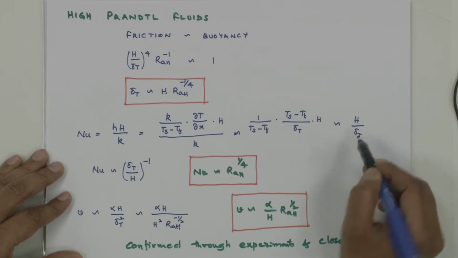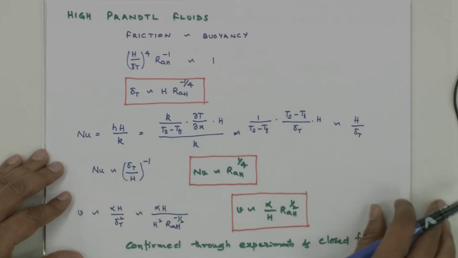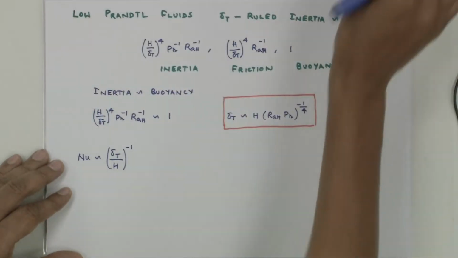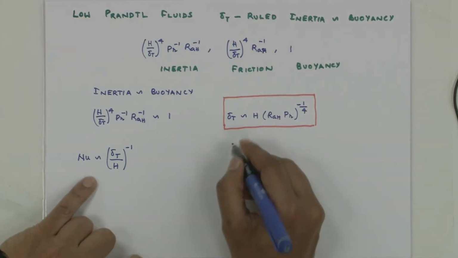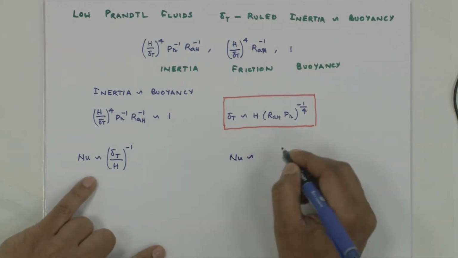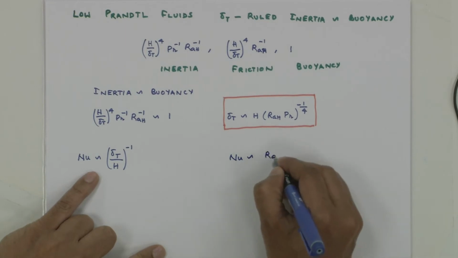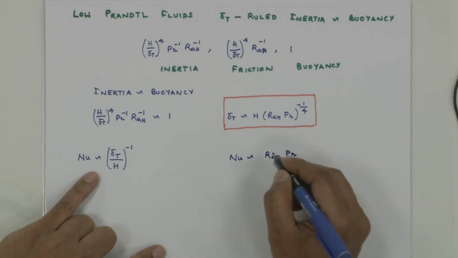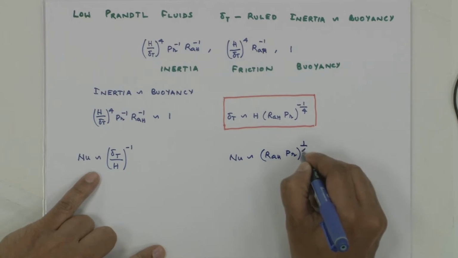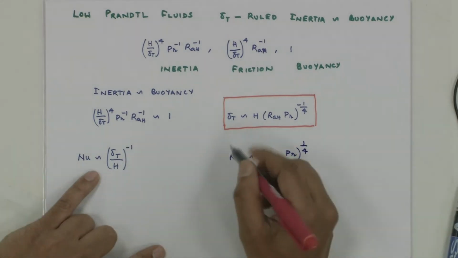So, it is h by delta t. So, Nusselt number scales as delta t by h to the power of minus 1. So, you have Nusselt number of the order of Rayleigh into Prandtl to the power of 1 by 4. So, that is Nusselt number.